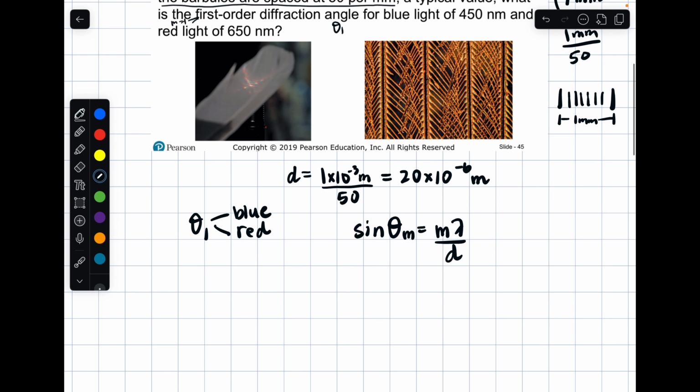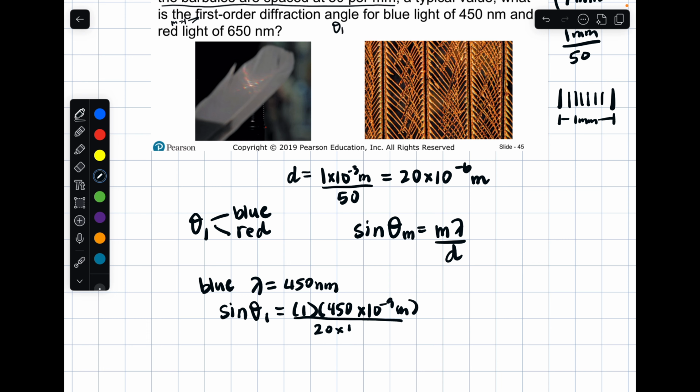So for blue light, lambda is 450 nanometers. So sine of angle theta 1 will be equal to 1 times 450 times 10 to the minus 9 divided by our slit spacing. And we'll have to do inverse sine to find that value.